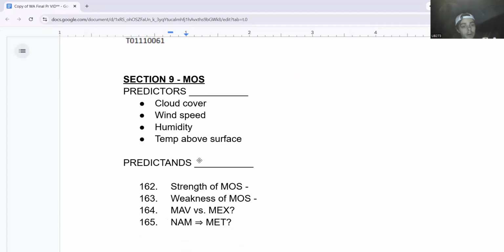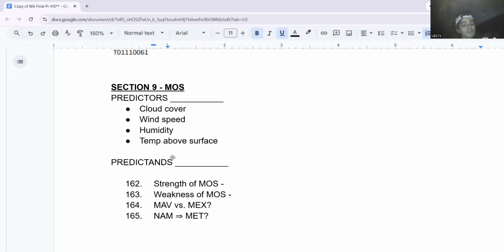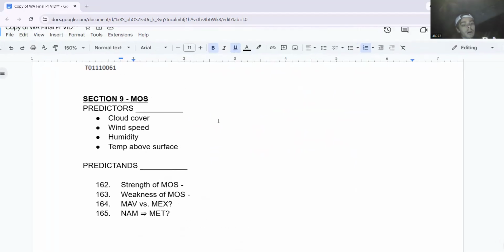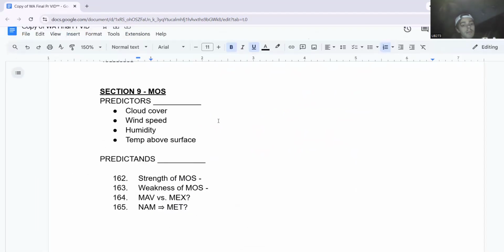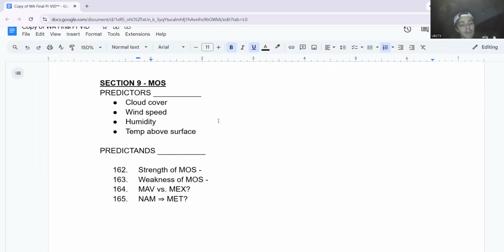So let's move on. All right, MOS. Remember, MOS is model output statistics. Basically we take models, GFS or NAM, and apply statistics to them. The predictors are the things gathered from the models, and the predictand is what's displayed in the MOS data.